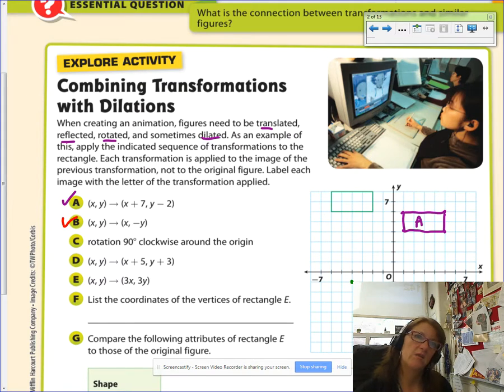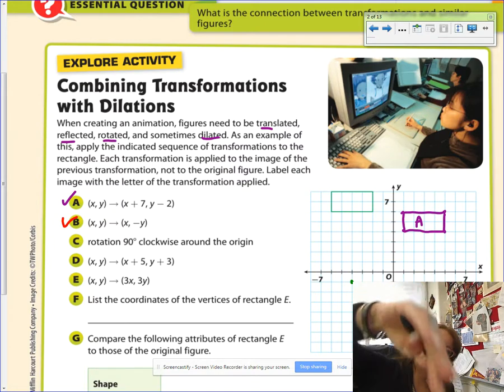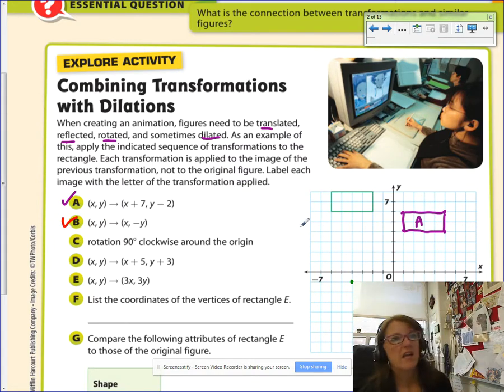Okay, so when you swing it or rotate it this way, instead of being +1, -4, it's going to end up being -4, -1. This point down here, which is at +1, -6, is going to end up swinging up this way and is going to be at -6, -1.